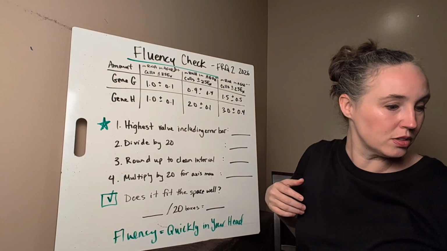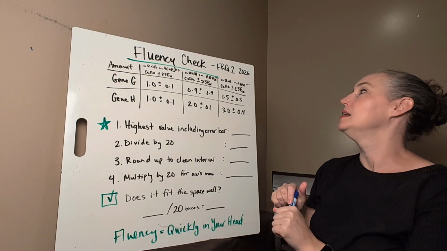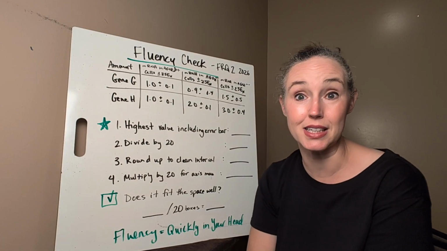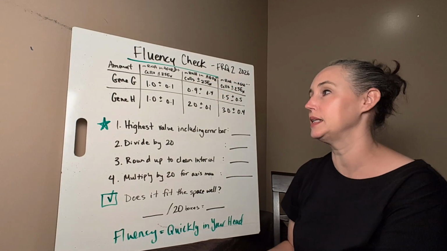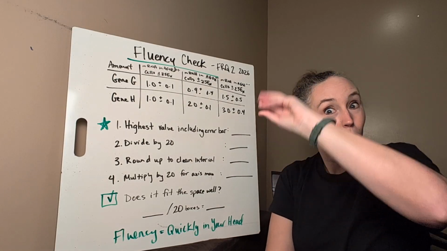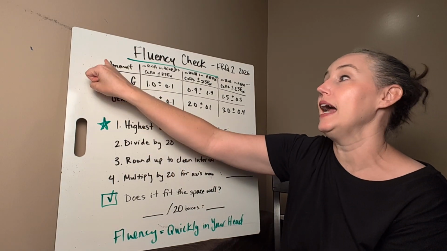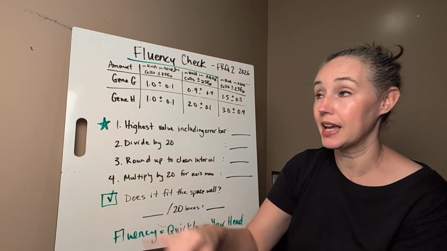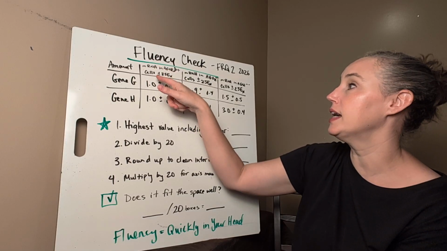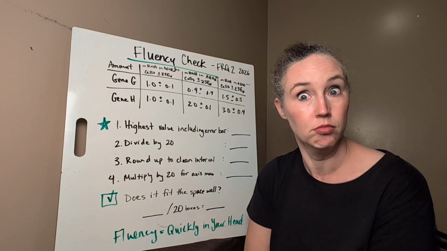All right, like I told you, we're going to see if we've really got this process down. So this is the data table from FRQ number 2 in 2026. This was released on the College Board website. The data table threw some people for a loop. Now, I added one thing. I added the word amount here because it just gave gene G and gene H, and then mRNA in AGO2++ cells, plus or minus 2 standard error of the mean.